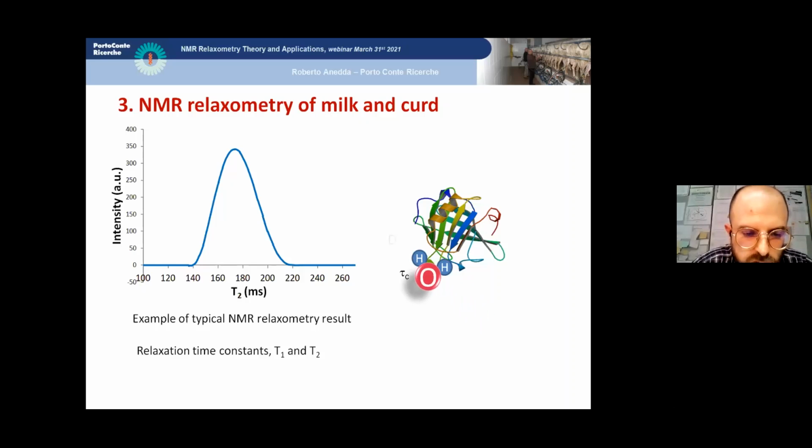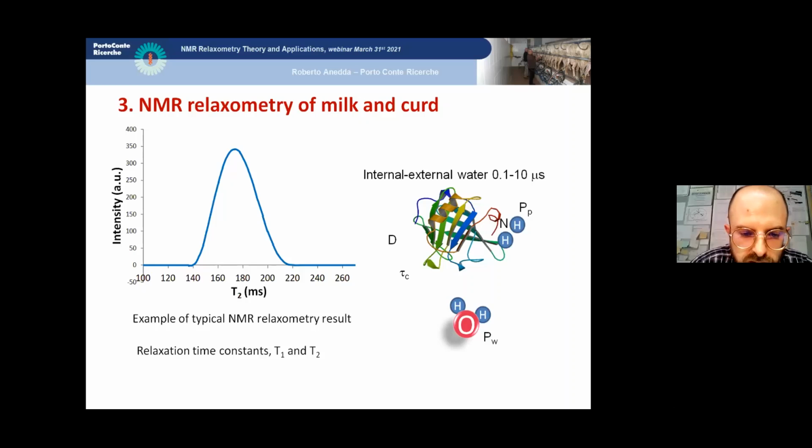Water molecules also diffuse through the samples and interact with the soluble proteins. External and internal water molecules exchange with each other very rapidly. D is the diffusion coefficient of water, which gives an idea of this diffusion dynamic. Similarly, water protons exchange with labile protons, and this exchange is also very rapid.